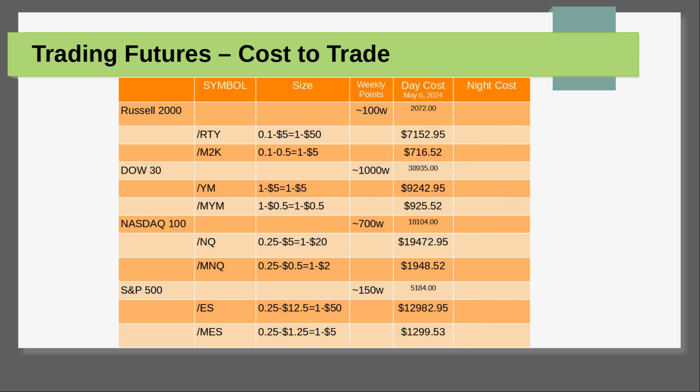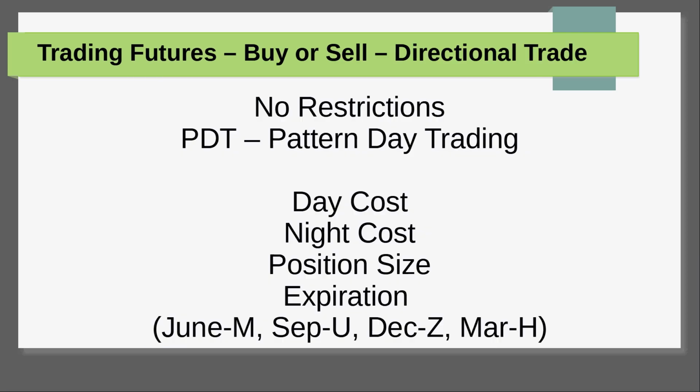All right. Now, the other nice thing when it comes to futures contracts is that you can buy or sell, and there are no restrictions. If you run into a broker who's trying to restrict you, run, run, run.